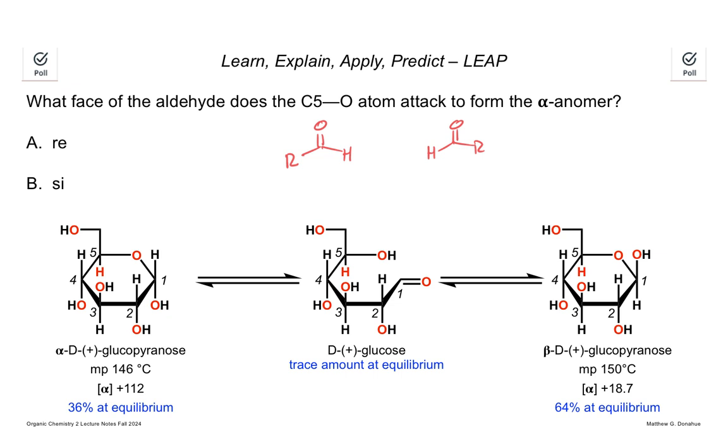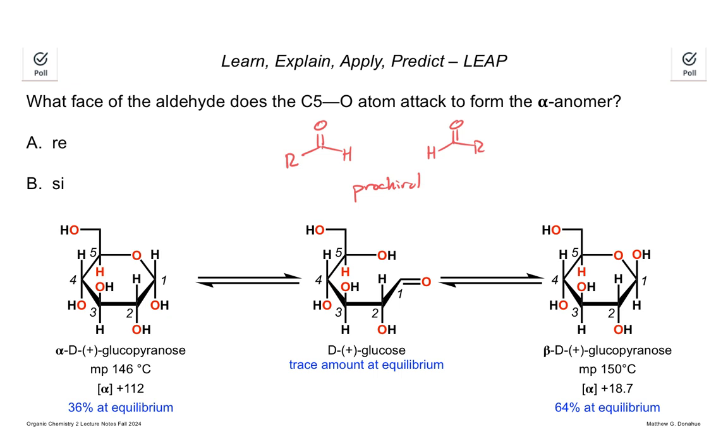If you see in these generic drawings of these aldehydes, that carbon is sp2 hybridized. So it's not chiral. But when something attacks it, it will become chiral. And so we say it is prochiral.